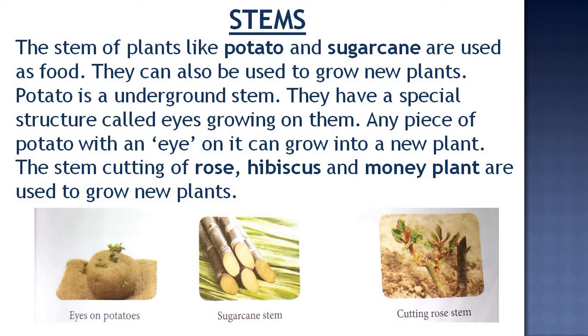For this, the stem of the parent plant is cut at an angle and the cut portion is then planted in soil, and when we water it regularly, after a few days you will find that the cut stem grows into a new plant. Just try this with the money plant if you have not done it. You will find that the money plant will grow. They do not need any seed. They grow into a new plant through this small portion of the stem only.